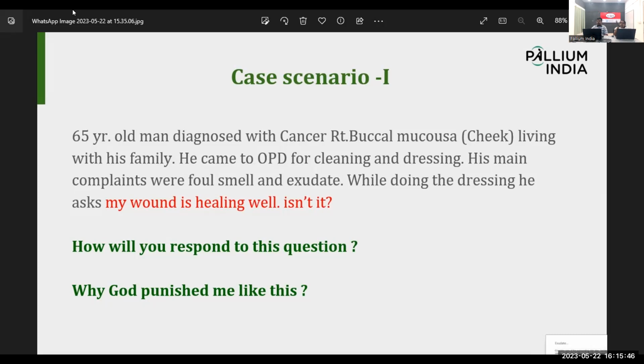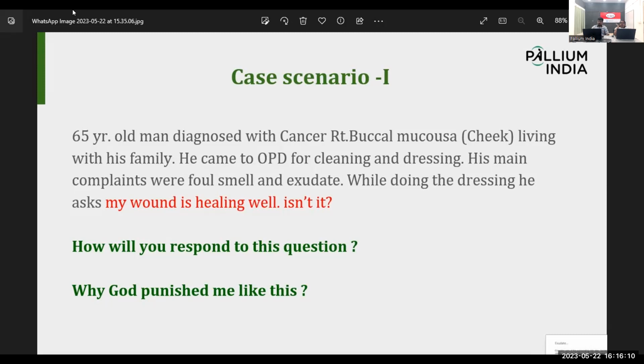Another option is nebulization. The same injection metronidazole you can use for nebulization. The fumes will help to reduce the smell. Another cost-effective option, easily made in your own home, is charcoal.